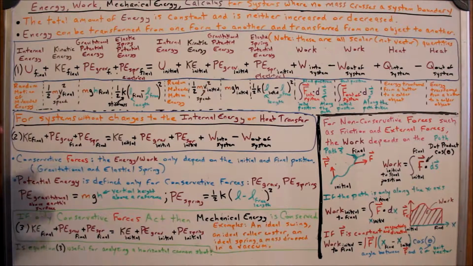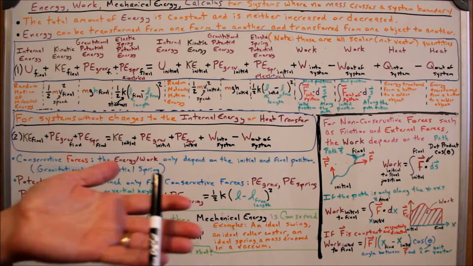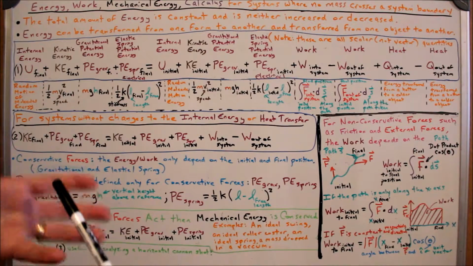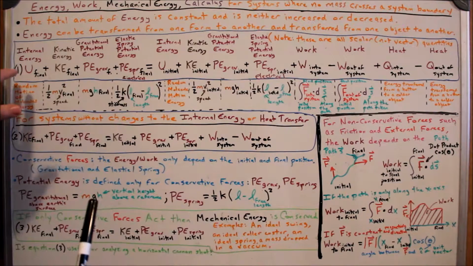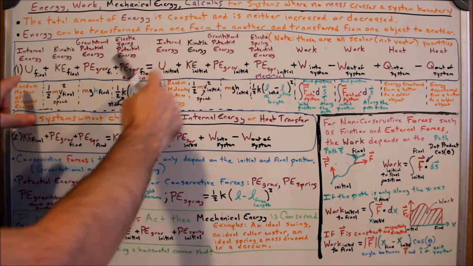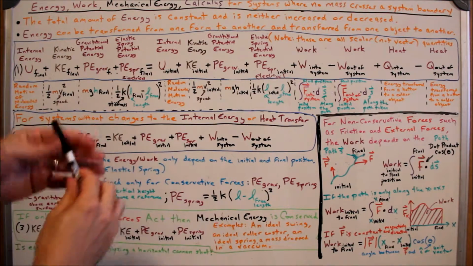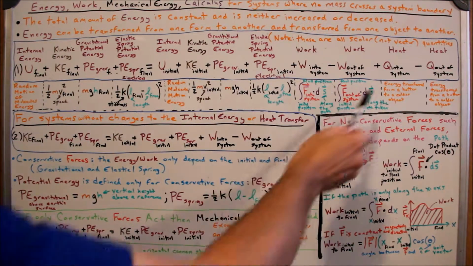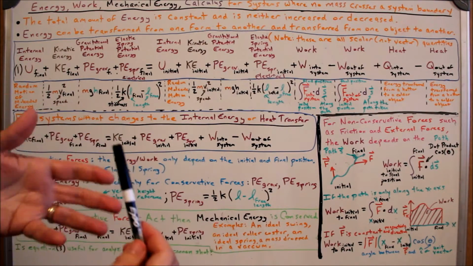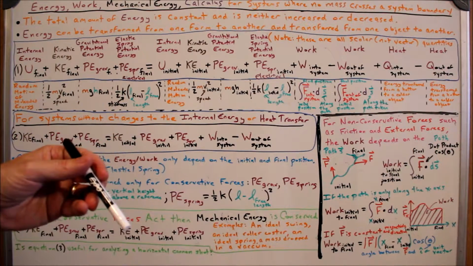But let's say, for example, this marker is my system, and it stayed the same temperature, nothing changed from the initial time to the final time, so it has the same initial energy. Therefore I don't need those terms for this particular problem, because they didn't change. Or let's say there was no heat transfer into this object during the time I'm interested in, so there's no energy transfer from a hot object to a cold object.